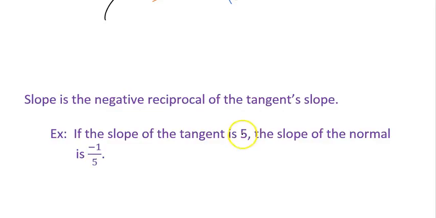So this one was positive, it changed to negative, and you have to think of this as 5 over 1 and flip it. So you will flip it and change the sign. If this had been a negative 5, this would have been a positive 1/5. But again, that relationship is something that you learned a long time ago. We're just going to be using it now.